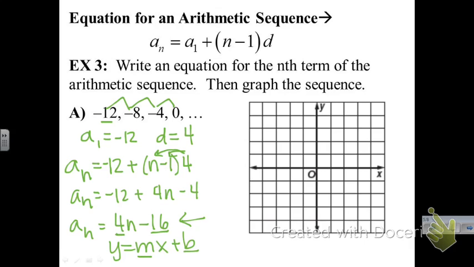And you could use that information to graph, or I would come up here to my set that I was given, and I would say that this was my first term, my second term, my third term, and my fourth term, and I would use those to graph. And I would use this as my x distance and my y distance. So it says my x is over 1 and then down 12.